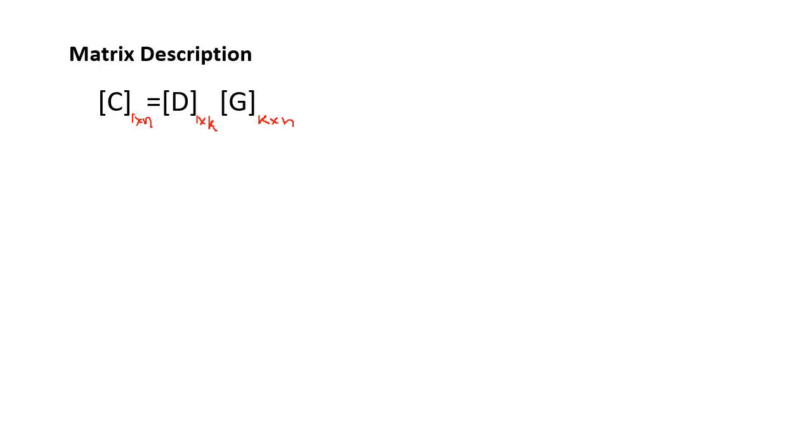So here we can write C is the code vector, D is the message vector, and G is the generator matrix.